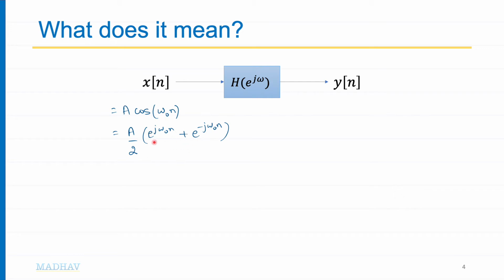We know the response to each complex sinusoid, and from there we can construct my y of n. If I want to compute the convolution, that is also alright, but that will take some time. So we will just use this simplification to make my calculations easier.